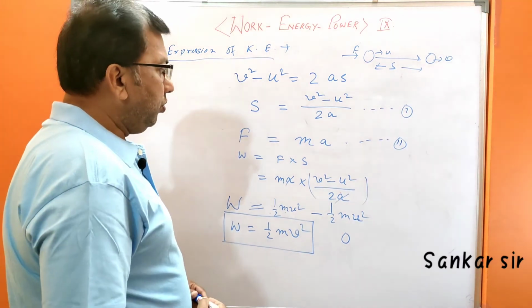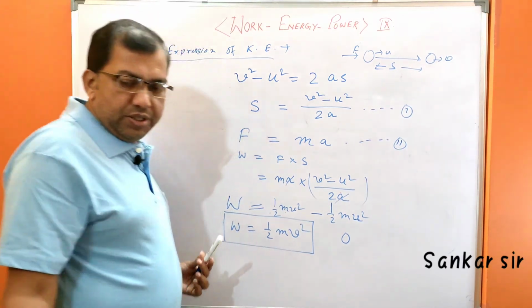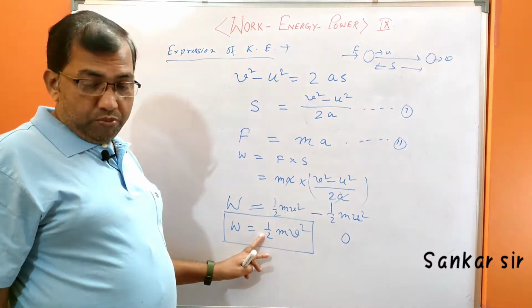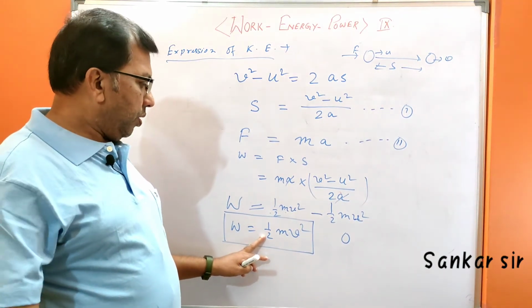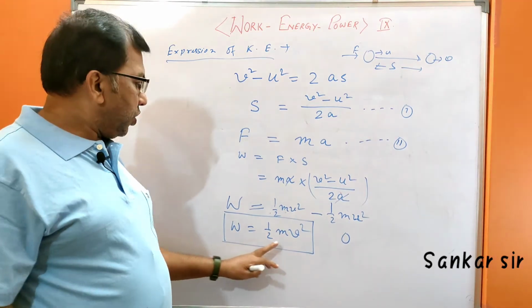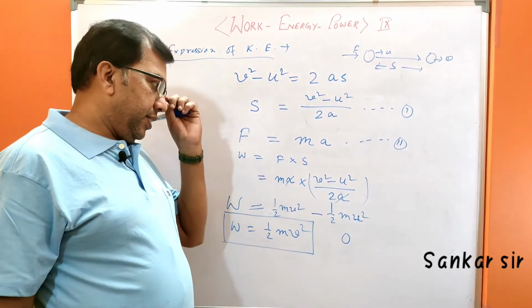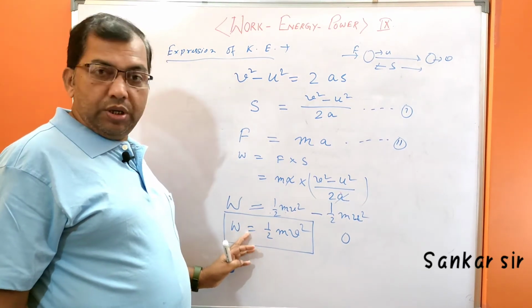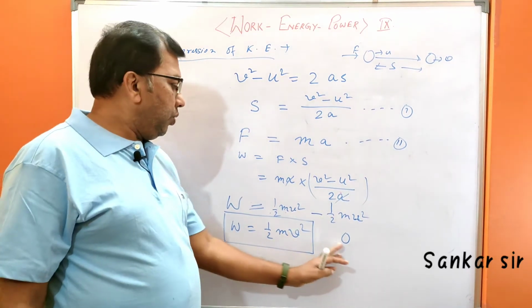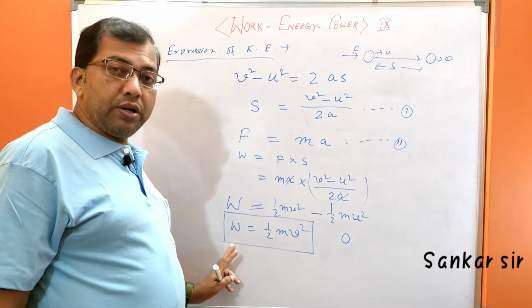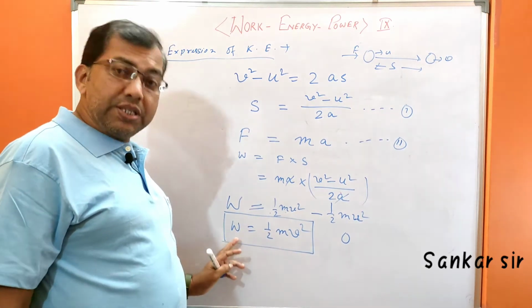Clear? So now from this, what we observe out there, W equals to half m v square, as u equals to 0 out here. So W means what?